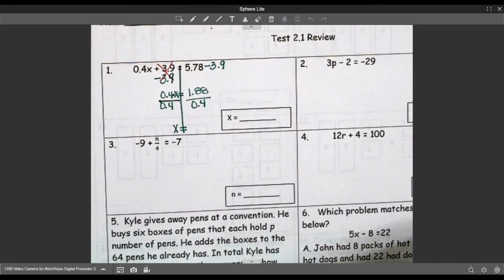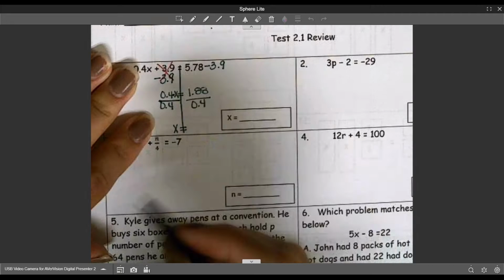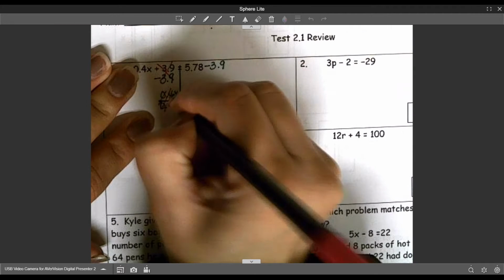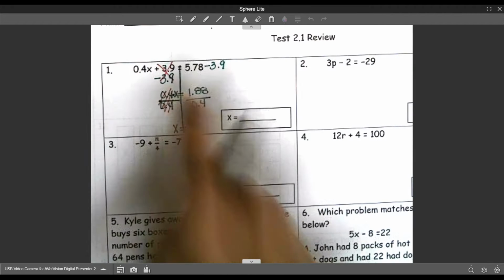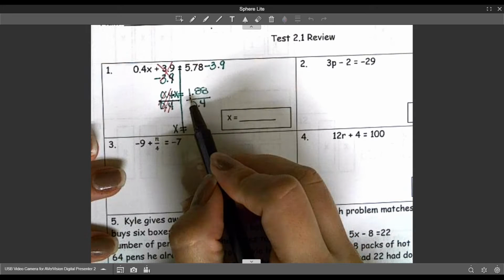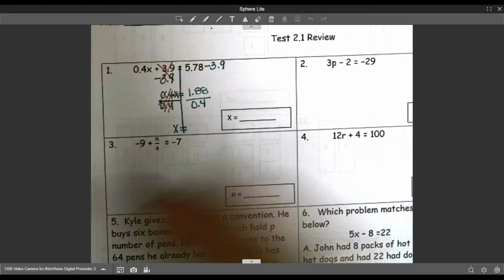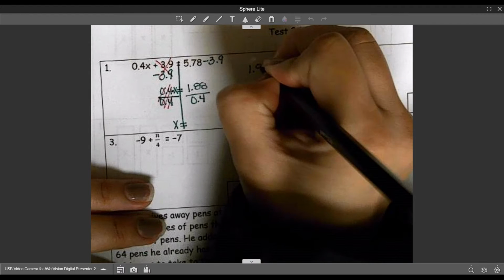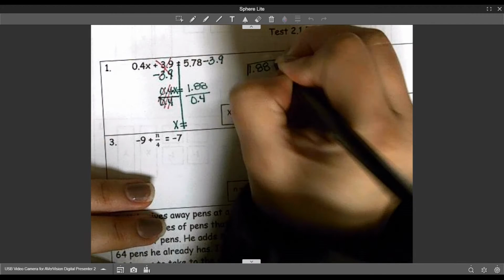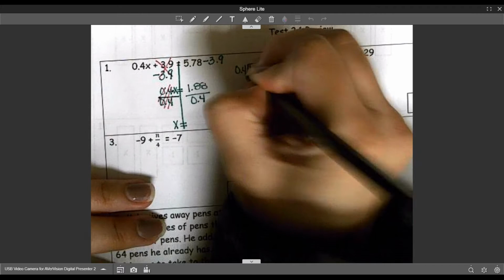Once you do that, 0.4 divided by 0.4 gives you 1, so that's taken away because there's only one x. Then you're going to do 1.88 divided by 0.4.